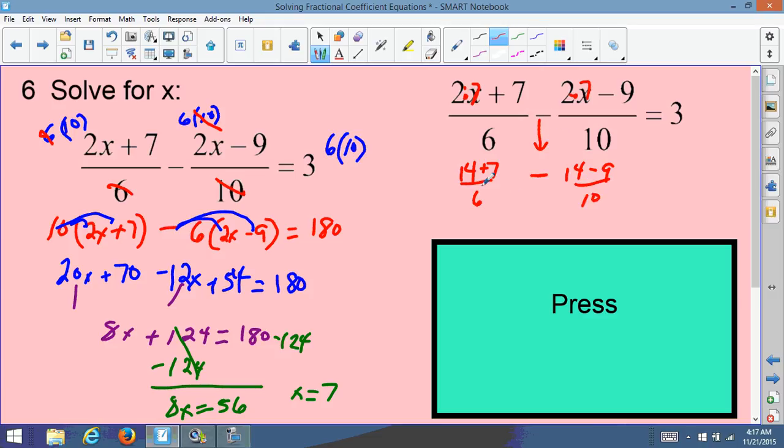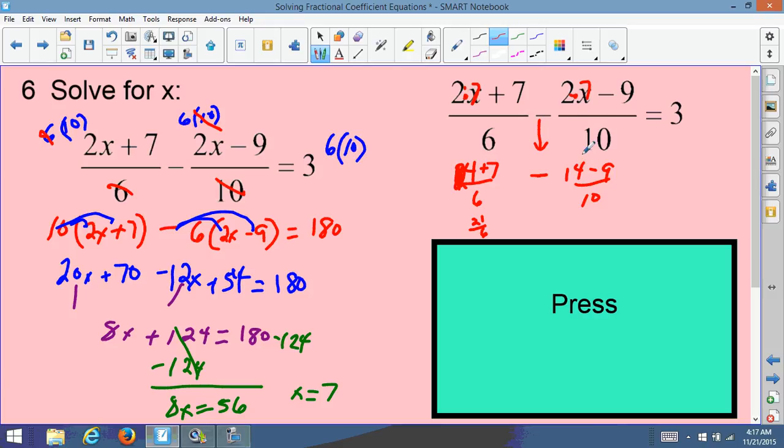Bring that straight down. 14 plus 7 is 21 over 6. And wait, just one second. That was not a 14. That was a 24. No, that was 14. Okay. That is 14. Sorry. That is 14. That's 21. So just making sure.